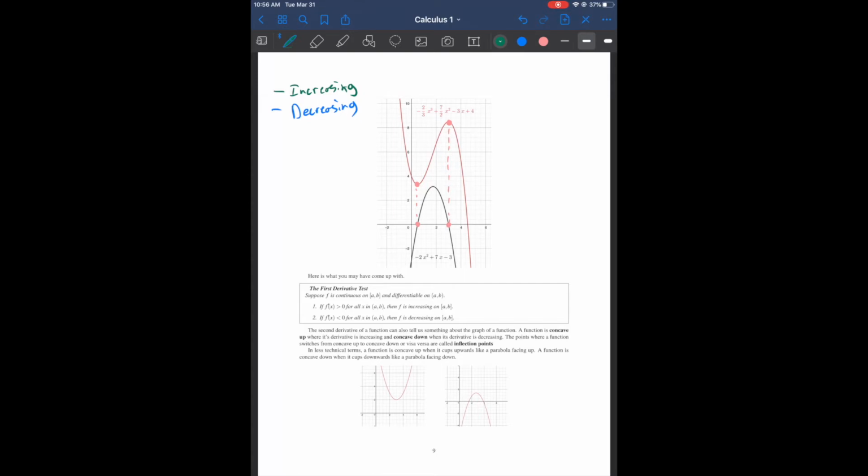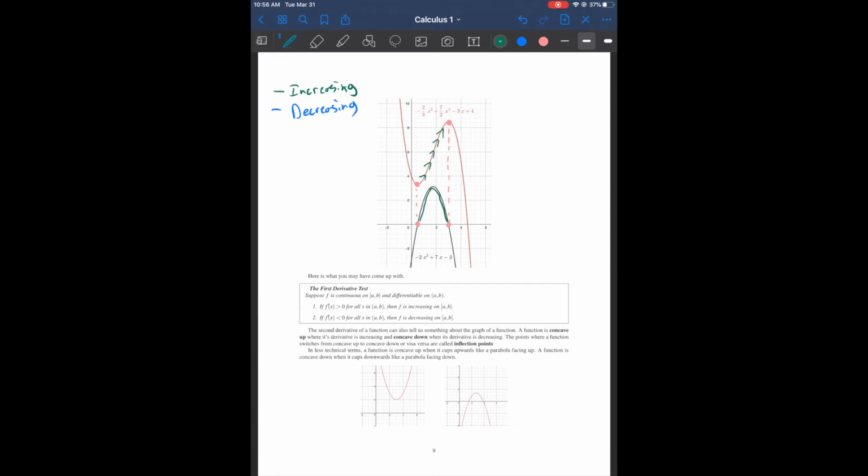So if we're trying to figure out where the polynomial is increasing, we're really looking at this section right here. This is the part of the polynomial where it's increasing, and that corresponds to where the derivative is positive. See there, it's above the x-axis.